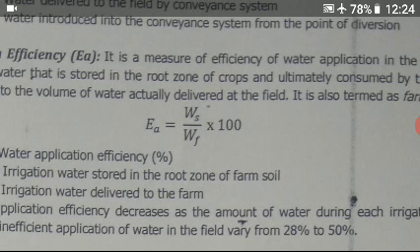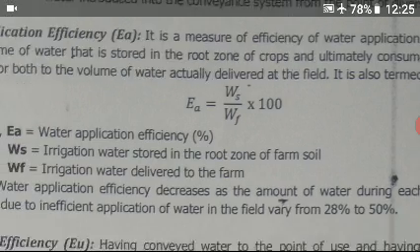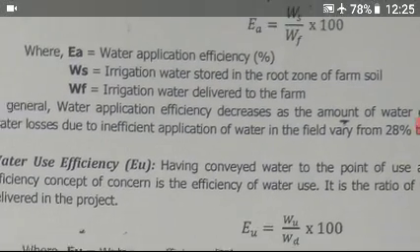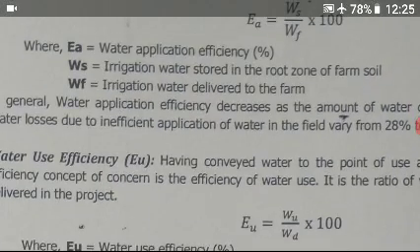The formula is EA is equal to WS divided by WF into 100, where EA is equal to water application efficiency in percentage, WS is equal to irrigation water stored in the root zone of farm soil, WF is equal to irrigation water delivered to the farm.